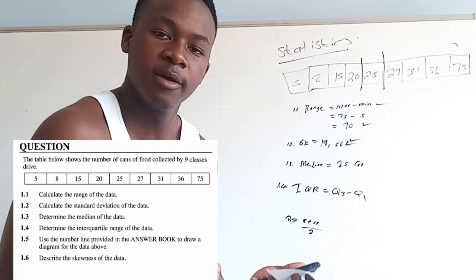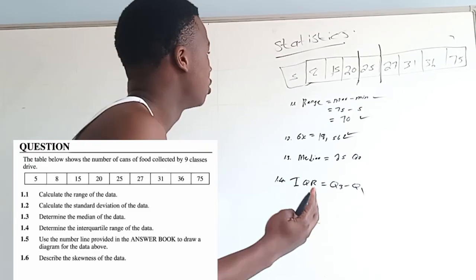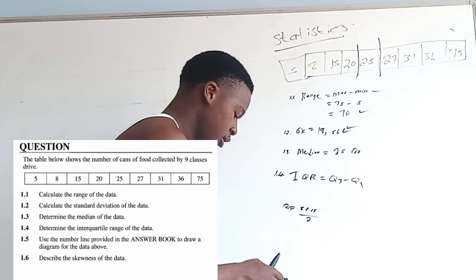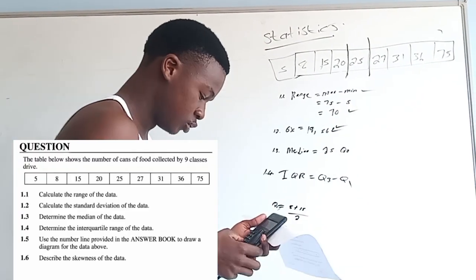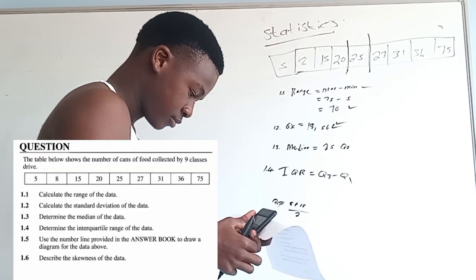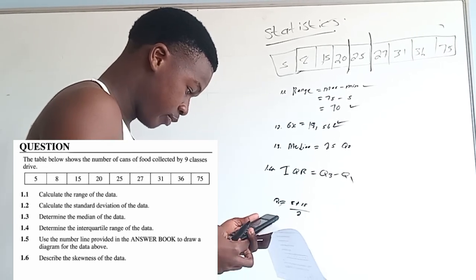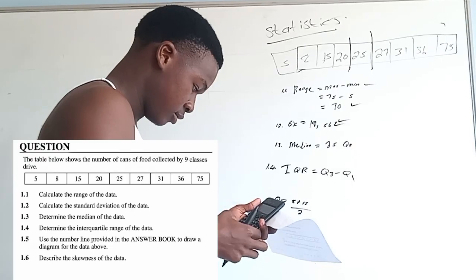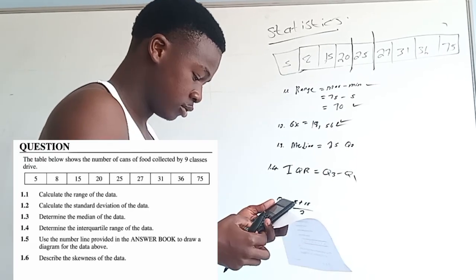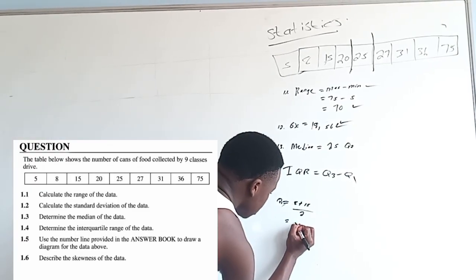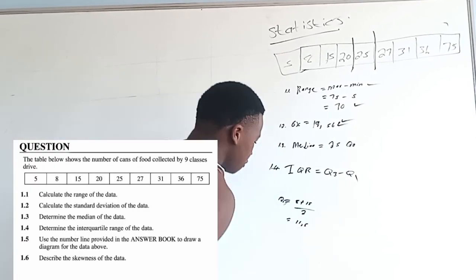But because we don't have one term, we have two terms, we must add both of them and divide by 2 to get our Q1. It's going to be 8 plus 15 and divide by 2, and it will give you 11.5. Therefore, Q1 equals to 11.5.